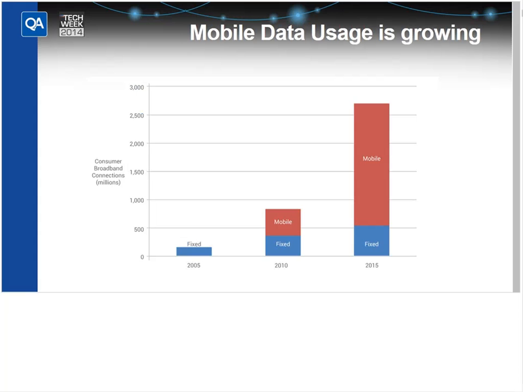So the data and the amount of usage for mobile data is growing. There's important concepts in terms of mobile data use as well, because actually what we need to ensure is that when we're building responsive websites, we are good curators of our users' mobile data. Many of us will be on mobile contracts which have a cap on data.